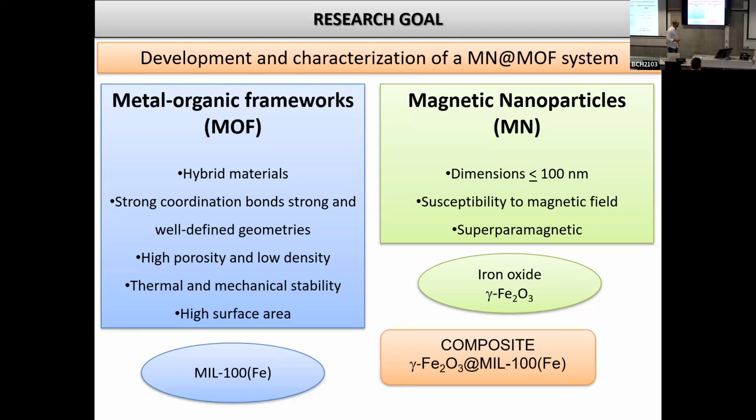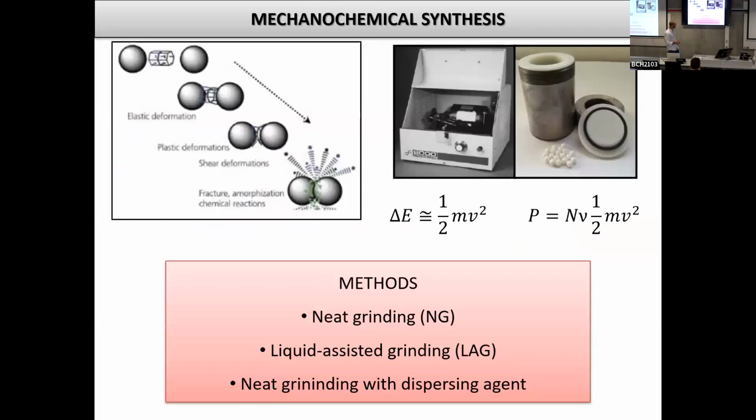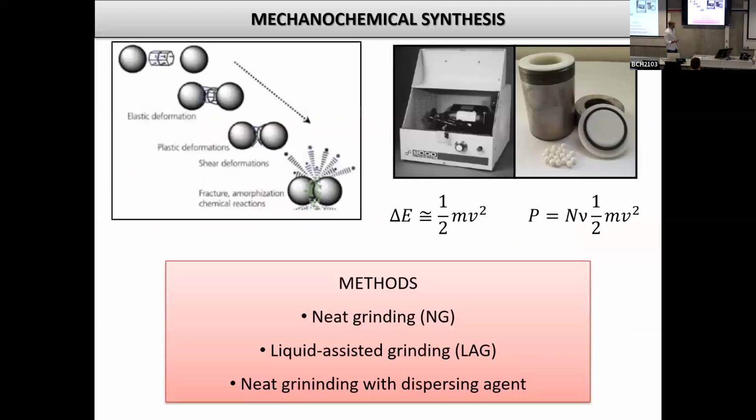So we selected MIL-100, a microporous system with a supertetrahedral structure and cages of 29 and 25 angstrom in diameter. We performed the synthesis of this material through a mechanochemical approach.